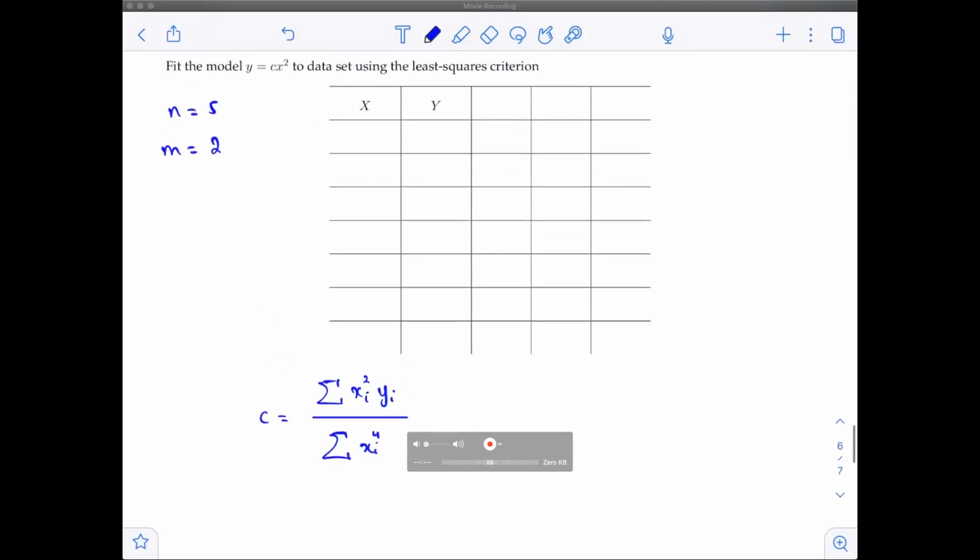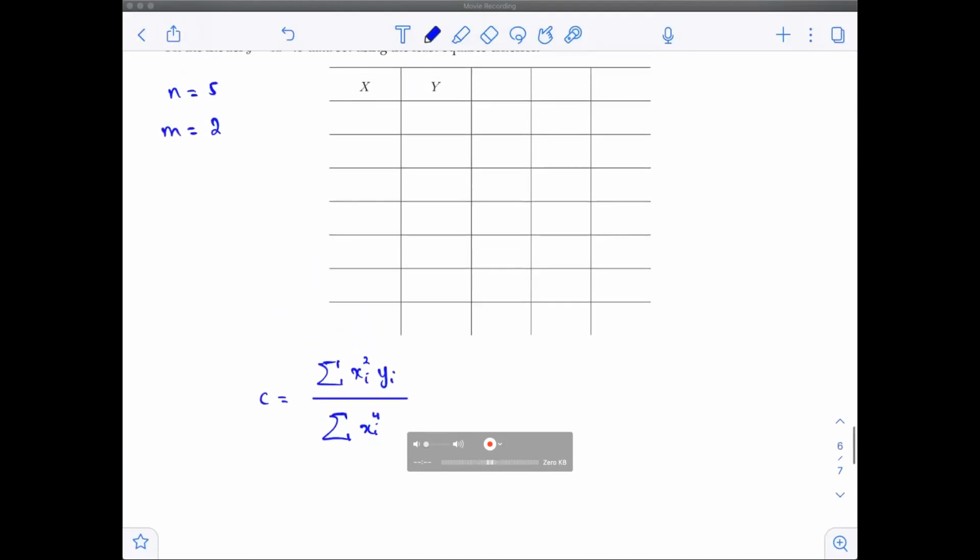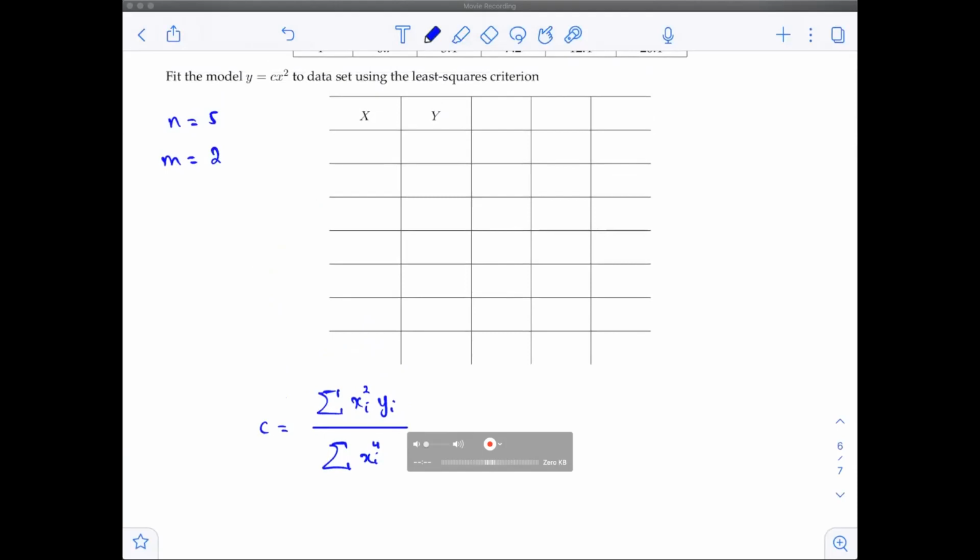Okay, so here are the calculations that you need to do. You need x squared in the calculations, so you need x squared, and then x squared times y. And in the last column, you have x to the 4th.